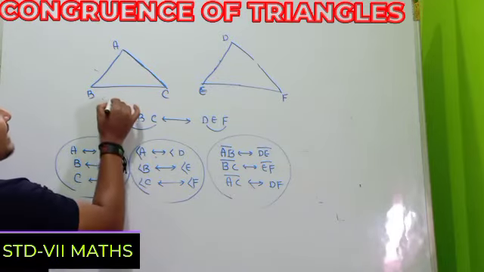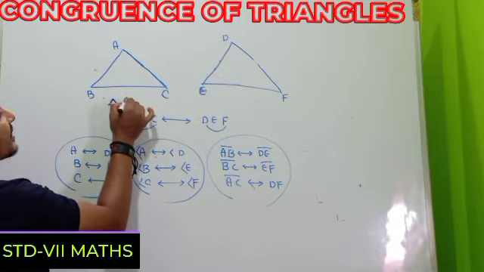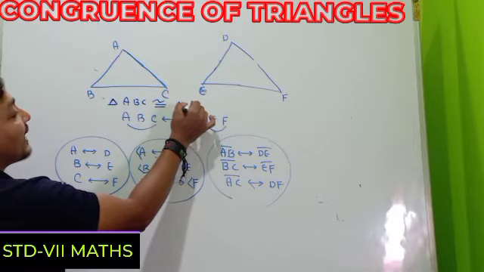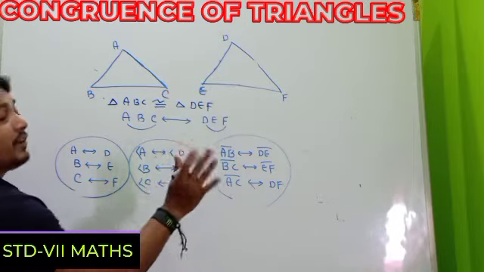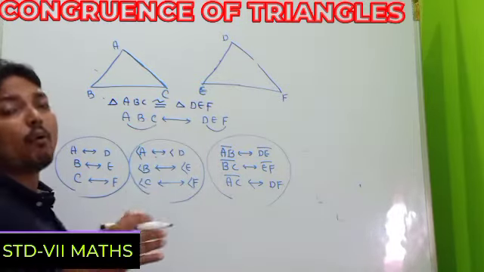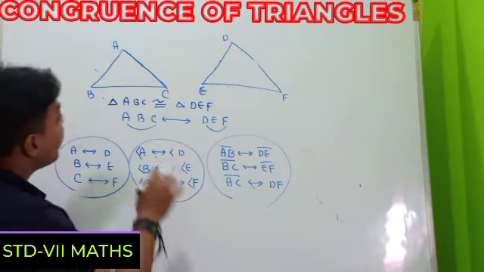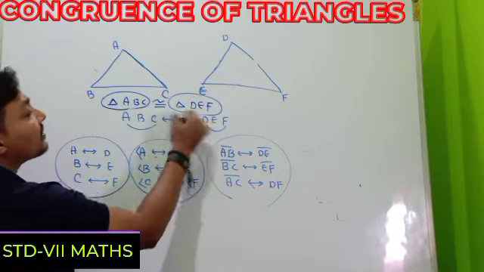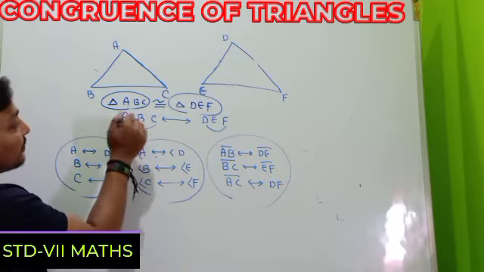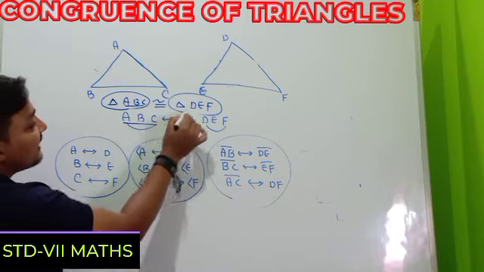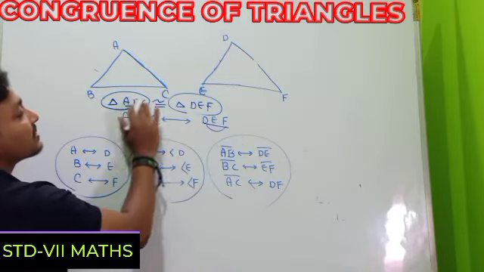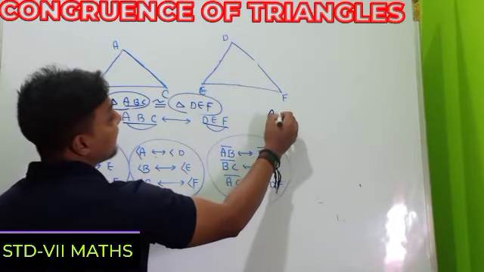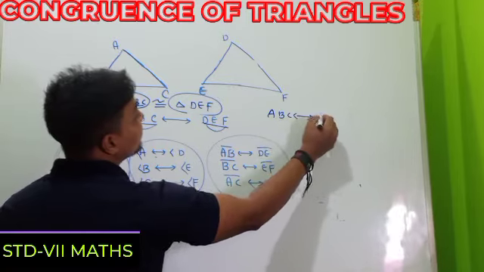Suppose instead of giving the matching, it is saying directly, triangle ABC, symbolically, is congruent to triangle DEF. Previously, it was not said symbolically, only that two triangles are congruent, but whenever the two triangles are given in symbol form, ABC here and DEF here, it means the correspondence is given.